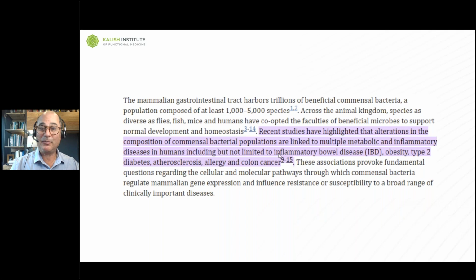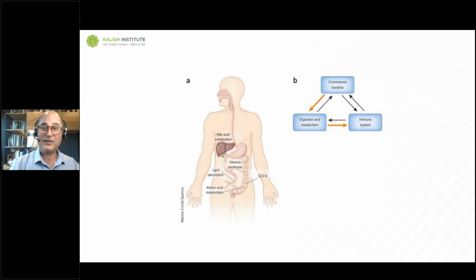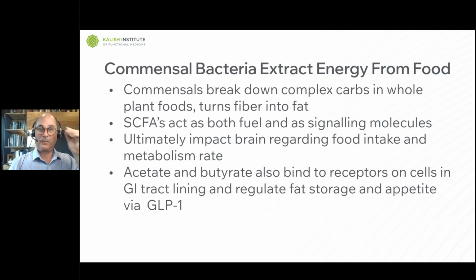I don't know about you, but I don't want to wake up one day and have IBD, obesity, type 2 diabetes, atherosclerosis, allergies, or colon cancer. I mean, none of those sound very good. And these are serious disease processes, right? These are like major problems that come out from serious imbalances in your gut.